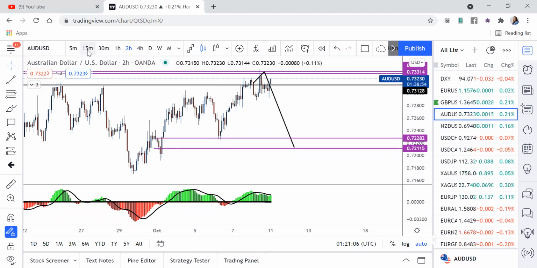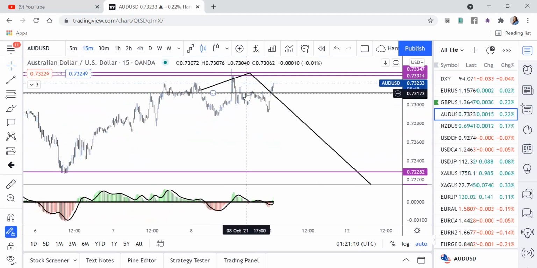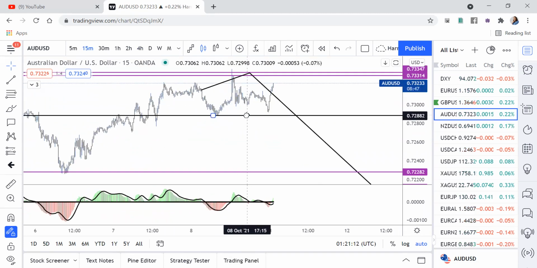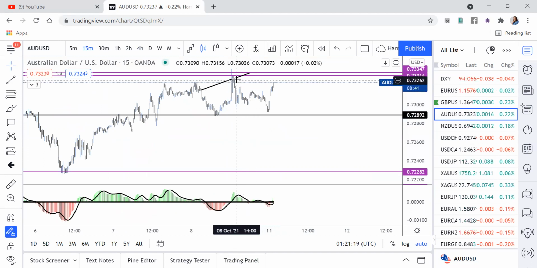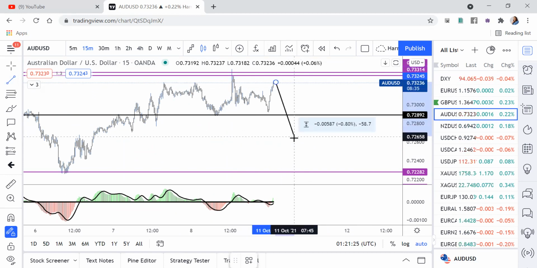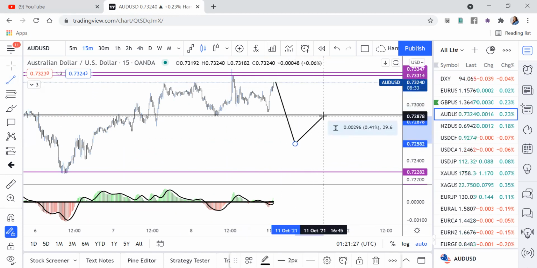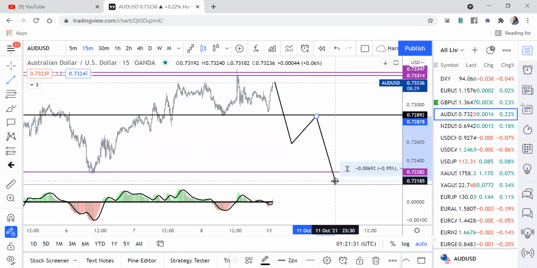So for us to get into AU, same thing applies. Wait for this. Wait for the breakout. Wait for the retest, and then look to sell.